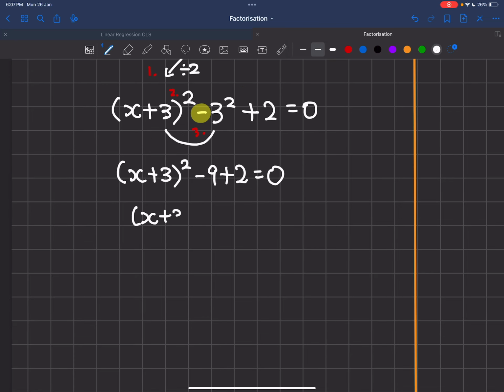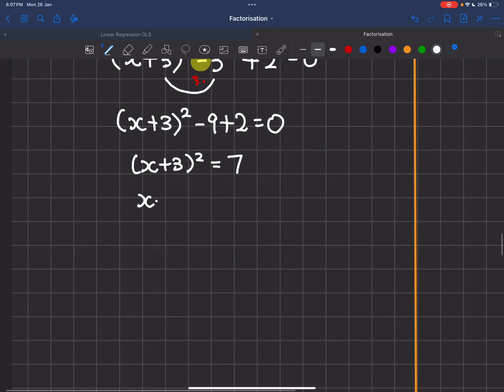This leads to x plus 3 squared equals 7, right? So what's x plus 3? Square root 7, right? No, not right. We need to do plus minus square root 7.